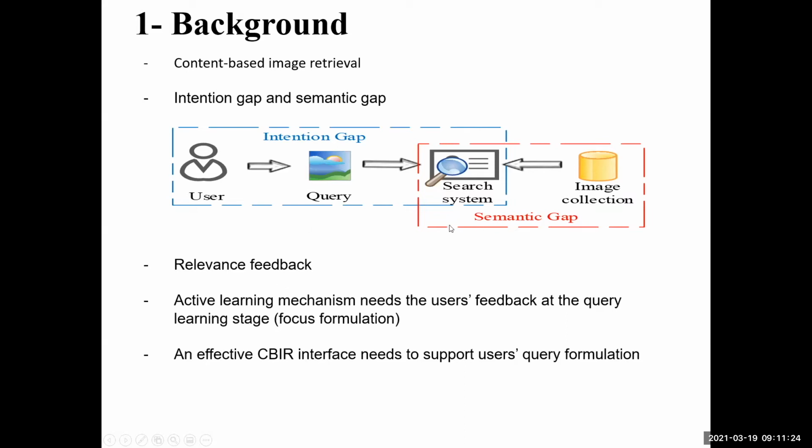The user's feedback is mainly on images or other modalities, like documents or videos, provided by the system. Although relevance feedback is introduced in CBIR, the search result may still be unsatisfactory, as the system only knows about those top-ranked images.